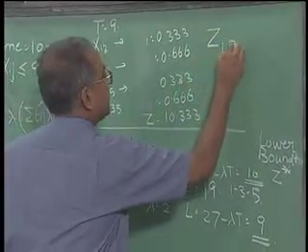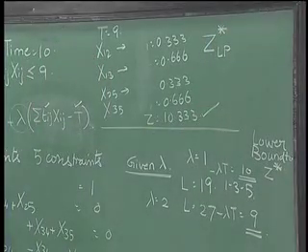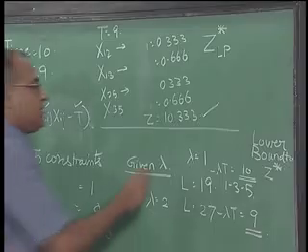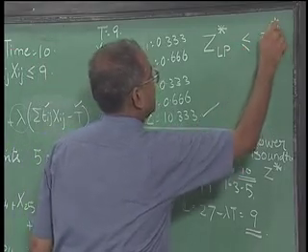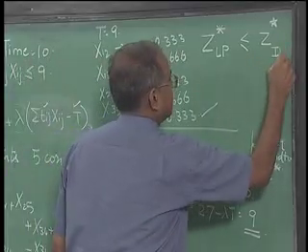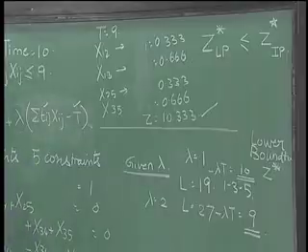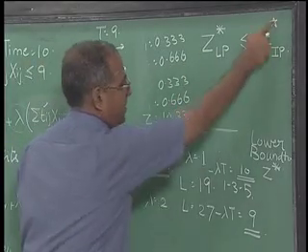So this is ZLP star, which is an LP relaxation of the constrained shortest path problem. So we also know that this is less than or equal to ZIP star, where the constrained shortest path problem is an integer programming problem.